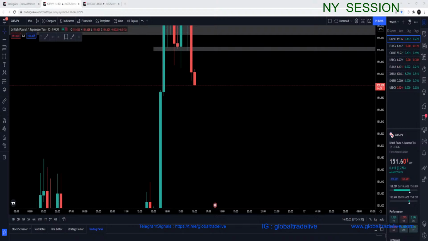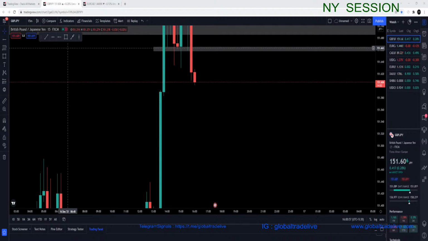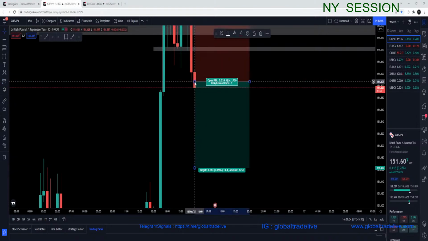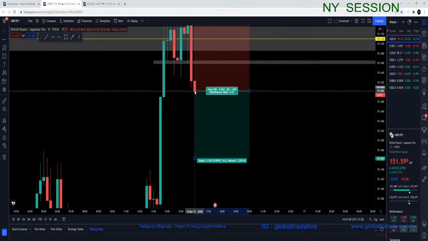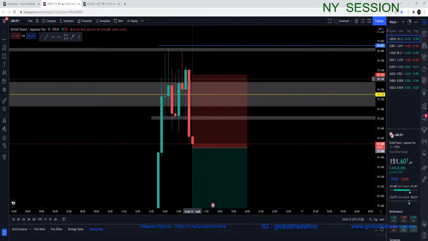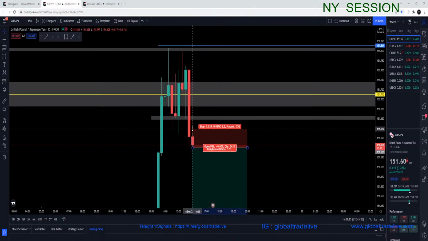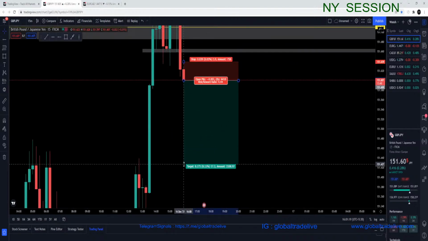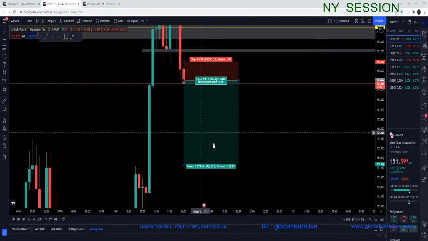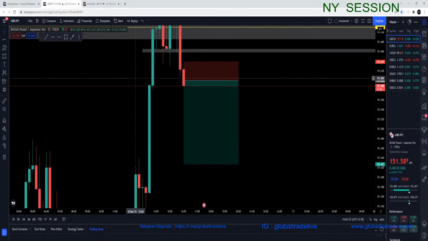Just took a sell trade over here, keeping stops above the 30-minute candle high. And we'll wait for the candle to come all the way down to fill this wick.